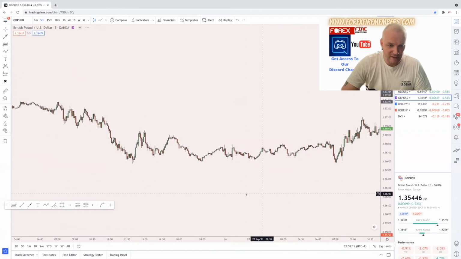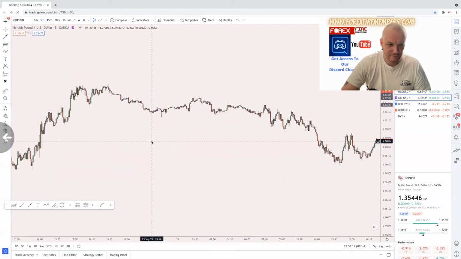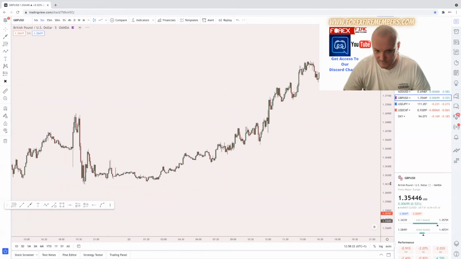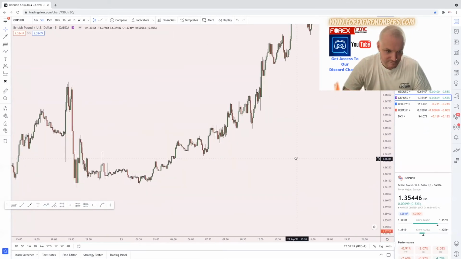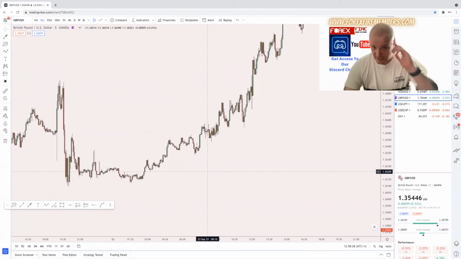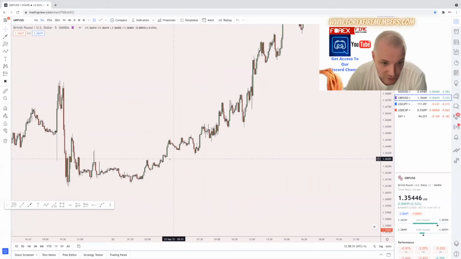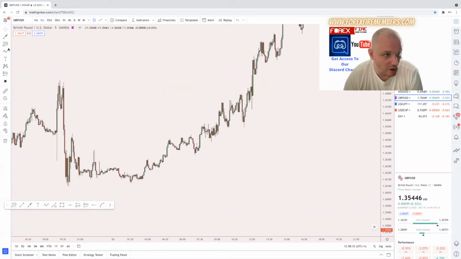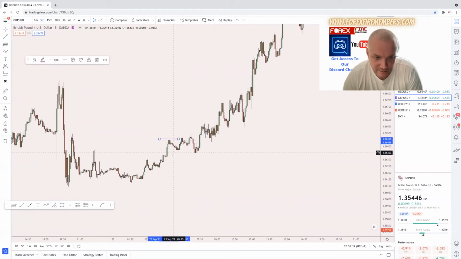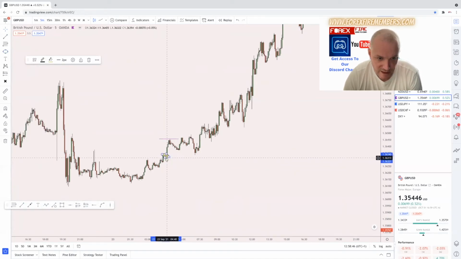Just have a look on price. There we are. So that's a good example, right? So again, we've got on here, we've got liquidity. Okay, this is our 5-minute base level.